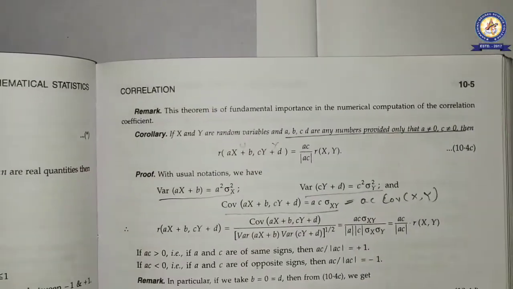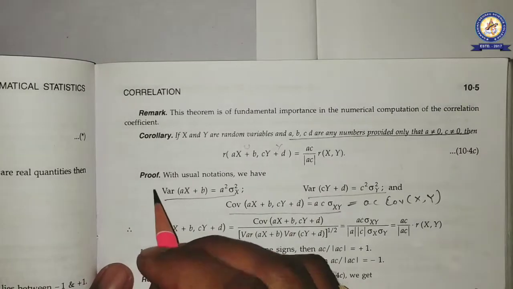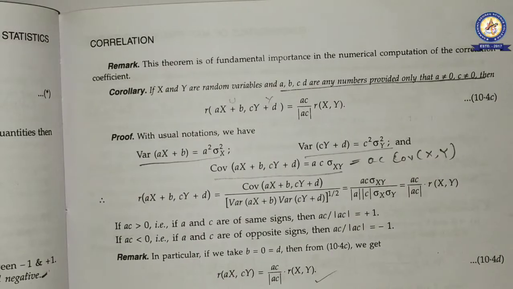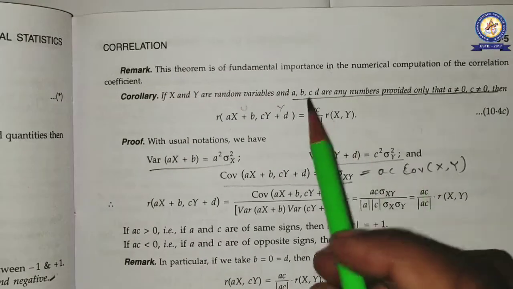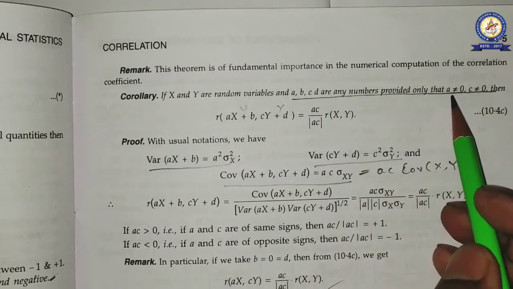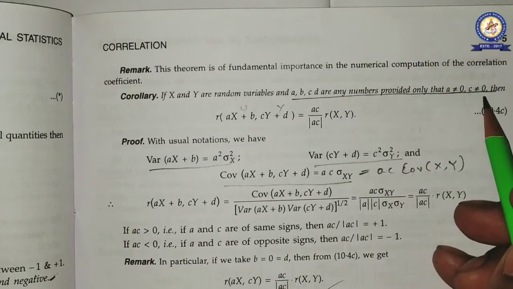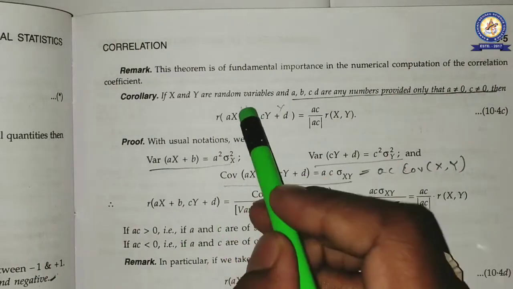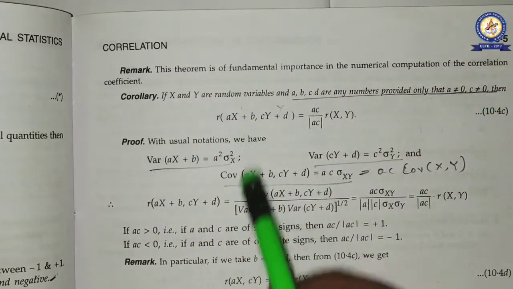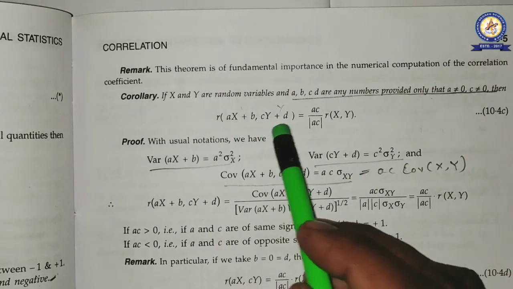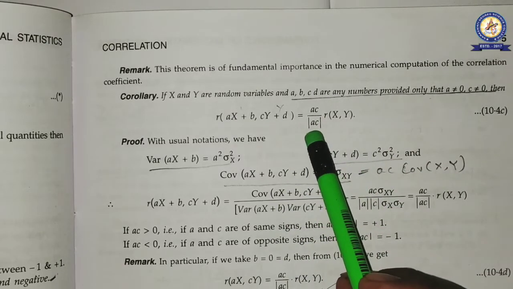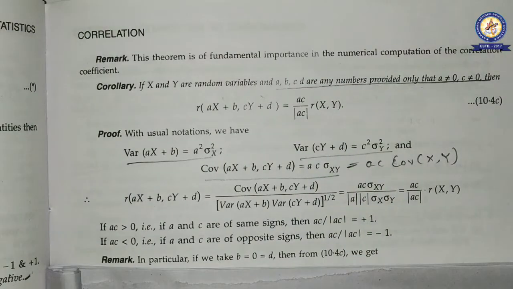In today's class we are going to discuss another corollary or theorem. If x and y are random variables and a, b, c, d are any numbers, provided only that a is not equal to 0 and c is not equal to 0, then r of (ax plus b, cy plus d) equals ac by modulus of ac into r of xy.